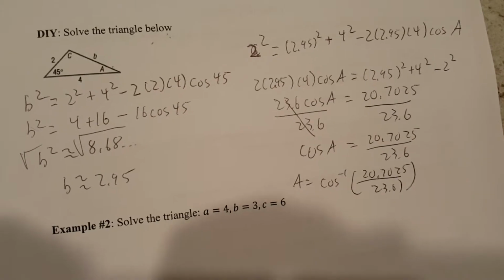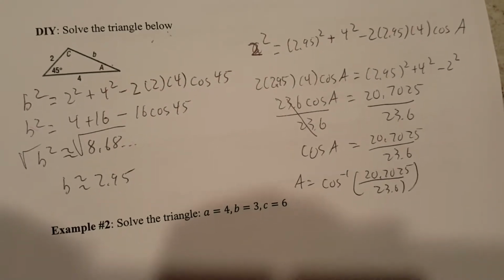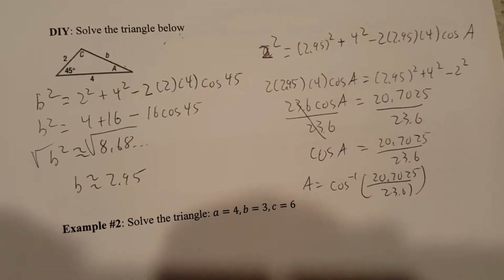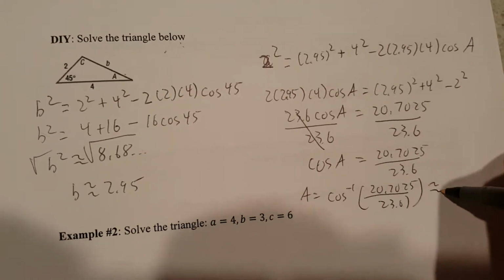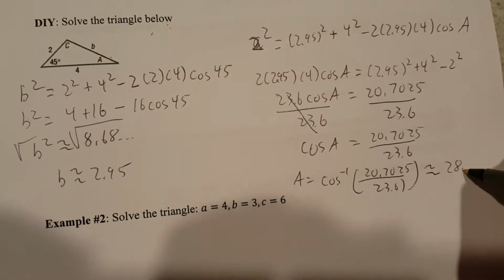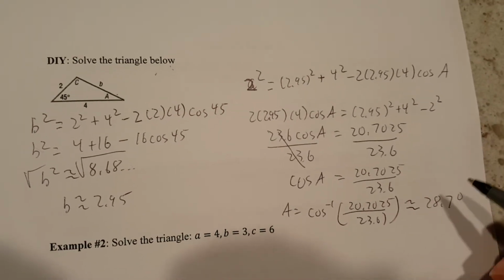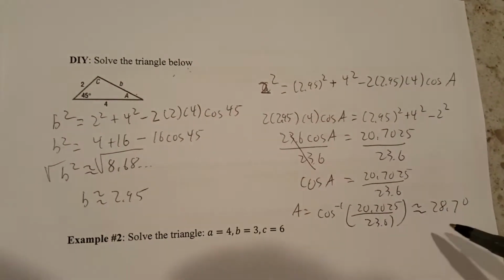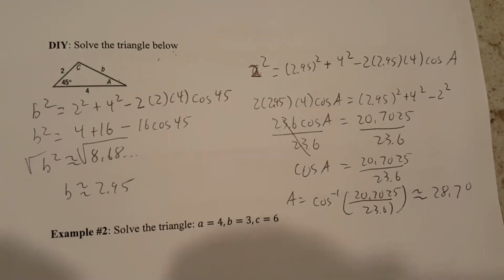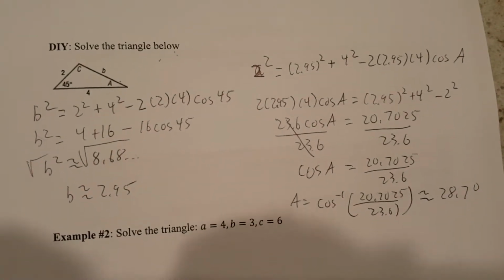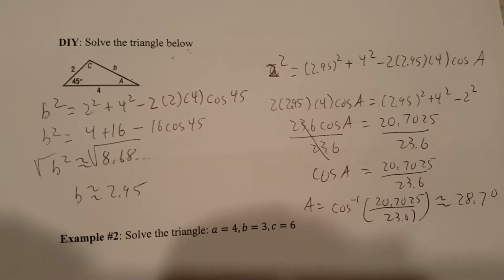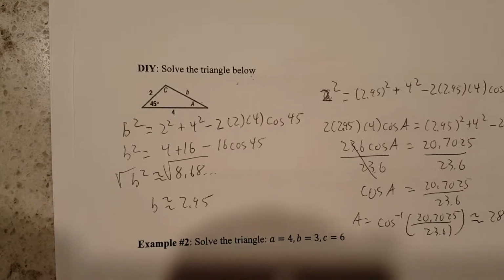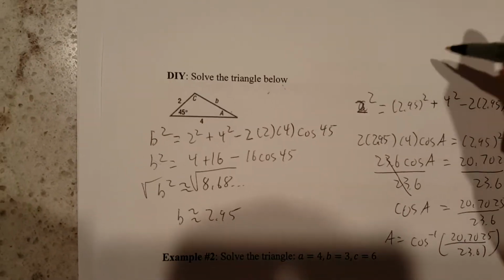And so I get angle A is approximately 28.7 degrees. And then to find angle C, if I have B is 45, A is 28.7, knowing the triangles have to add up to 180, I get the other angle, angle C, is 106.3.